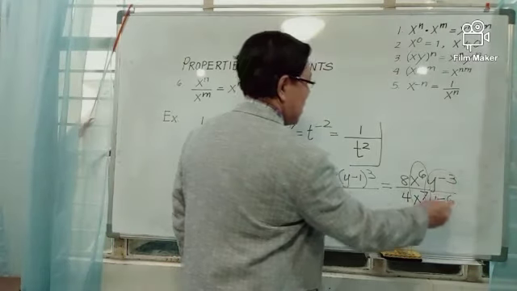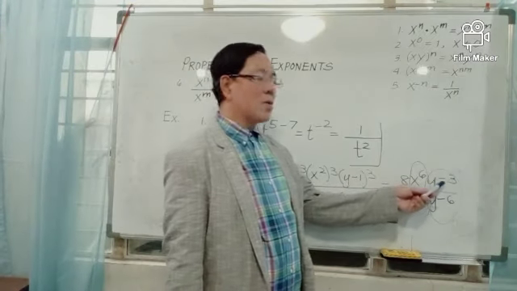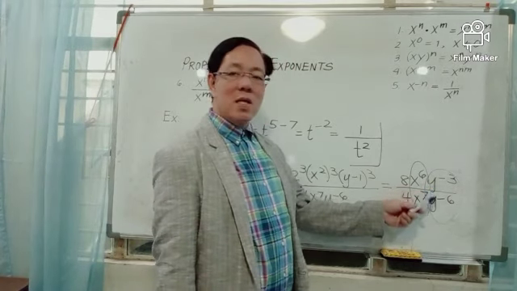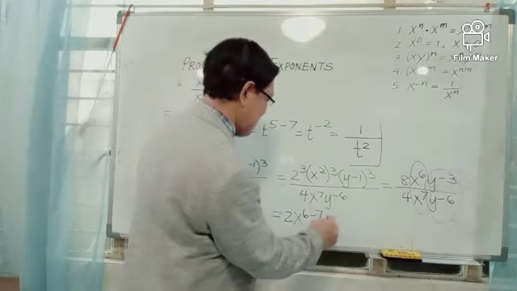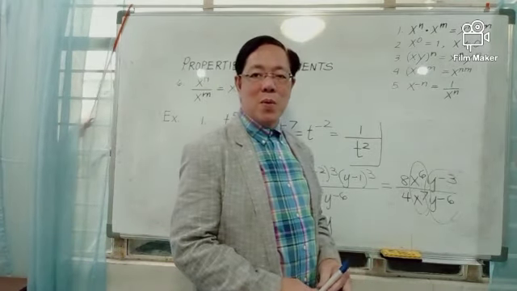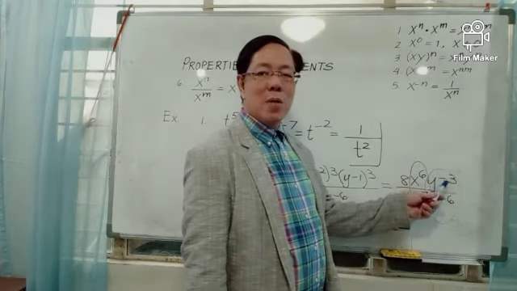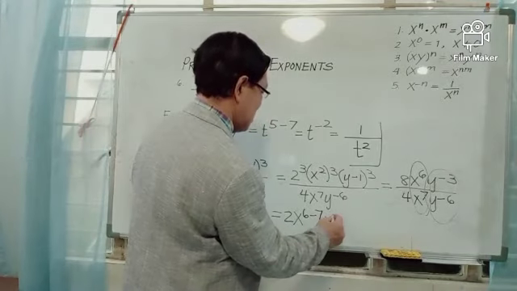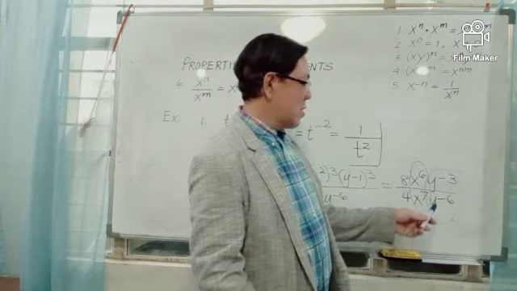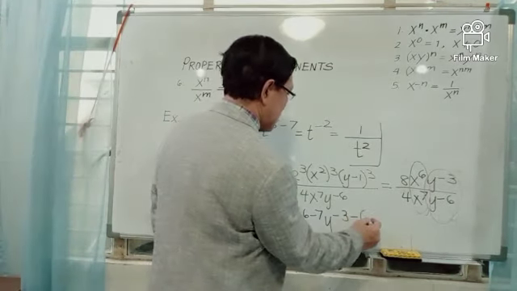And again, apply the 6th property of exponents to simplify y to the negative 3 over y to the negative 6. Copy the common base y and get the difference of the exponents of y, starting with the exponent of y in the numerator, negative 3, minus the exponent of y in the denominator, negative 6, minus negative 6.